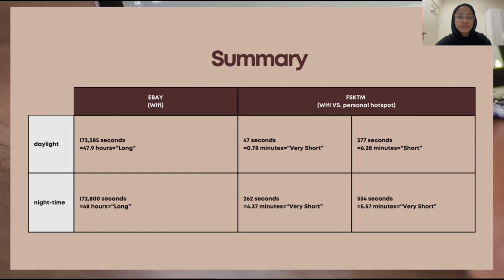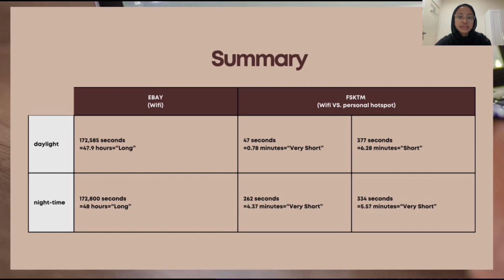Based on the simplified data recorded by DNS Data View in the table shown above, this clearly shows that the TTL value of a record to access the FSKTM website is shorter when using Wi-Fi rather than using a personal hotspot for both daylight and nighttime. However, the TTL value to access the eBay website is way longer compared to the FSKTM website, even though via Wi-Fi connection.